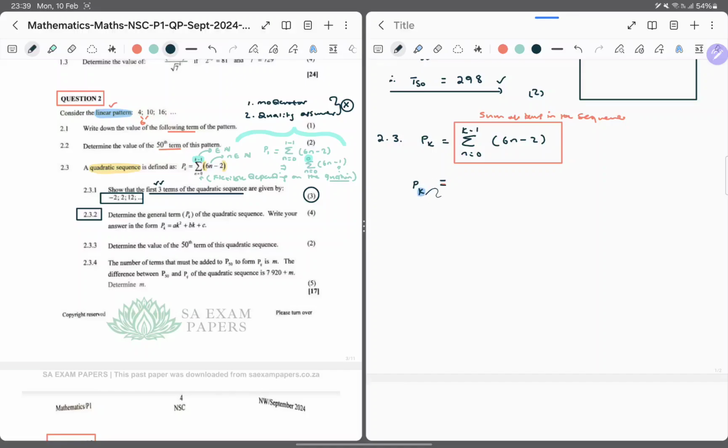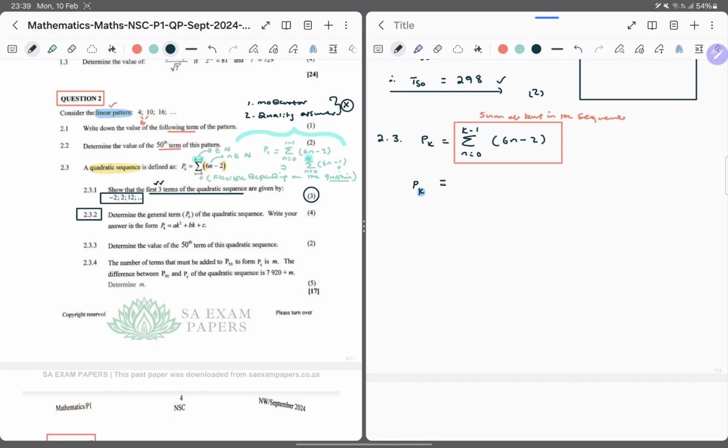It's the kth term, meaning any term in the sequence. Now let's see. Remember the sum here suggests, guys, that we need to expand this to at least 3 terms so that we can understand how to do the sum.